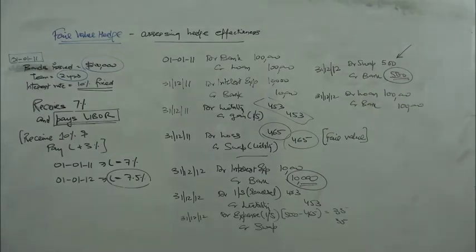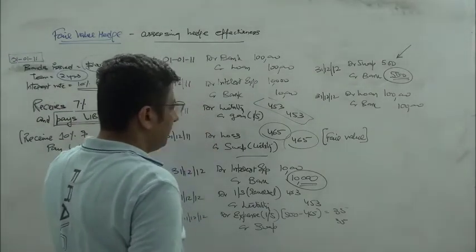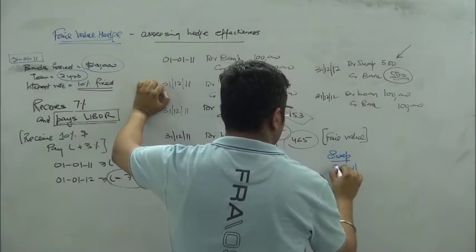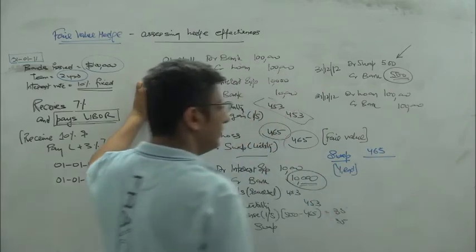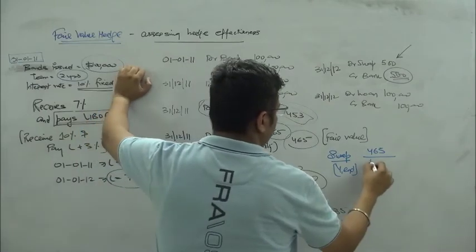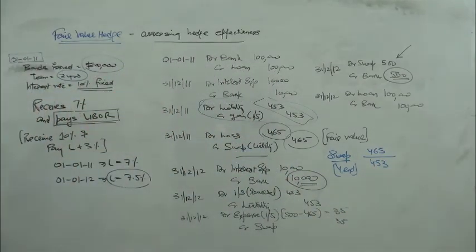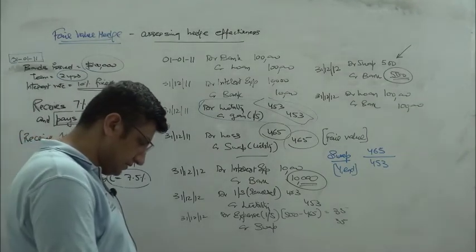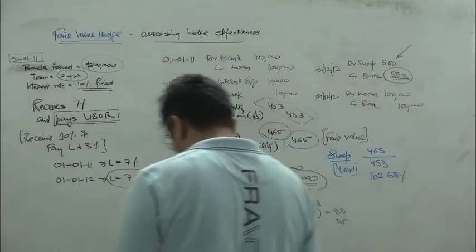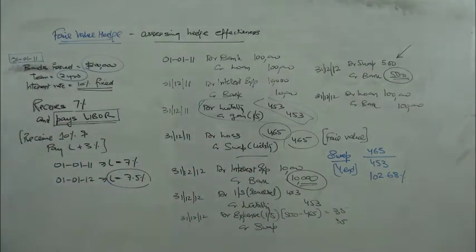The final thing that we want to talk about is that if you look at the hedge effectiveness, my change in the value of swap at the year end 1 was 465, and the change in the value of my liability was 453. So when you look at a relationship between these two numbers, this gives you a 102.68 percentile approximately, right? Yep.